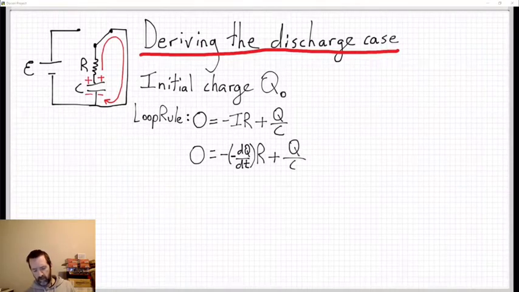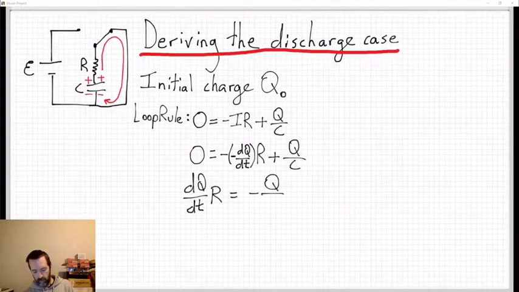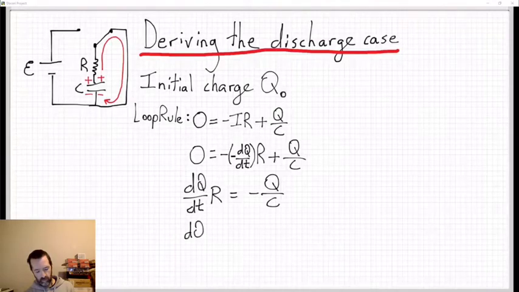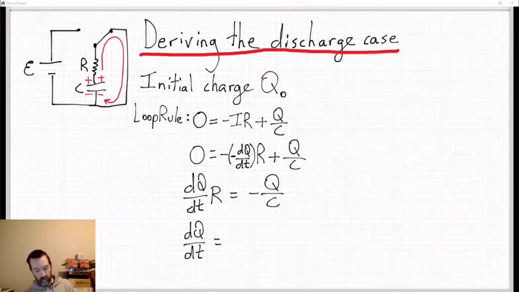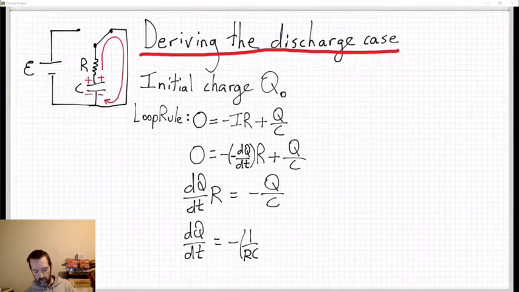And then I can write this other term, the plus q over c. I can rearrange. So dq dt times r is negative q over c, or dq dt equals negative 1 over rc times q.